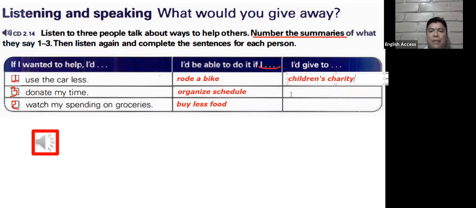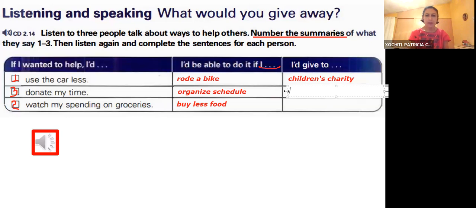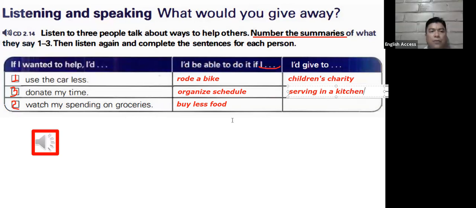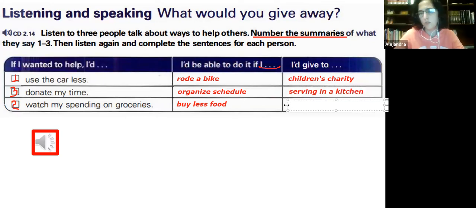Number 3, donate my time, organize my schedule. I'd give to serving food for the homeless in a kitchen. And number 2, watch my spending, groceries. I'd give to local schools. Supplies.